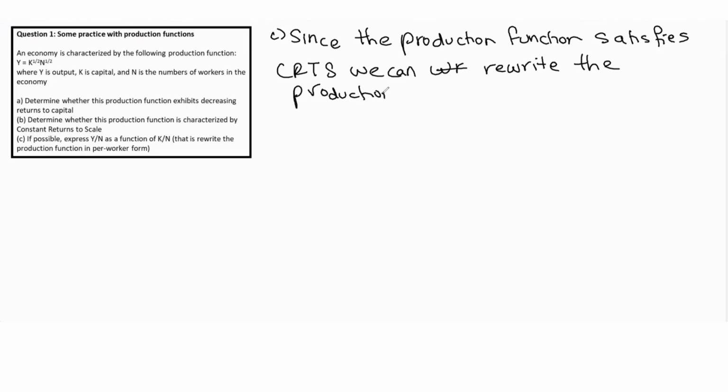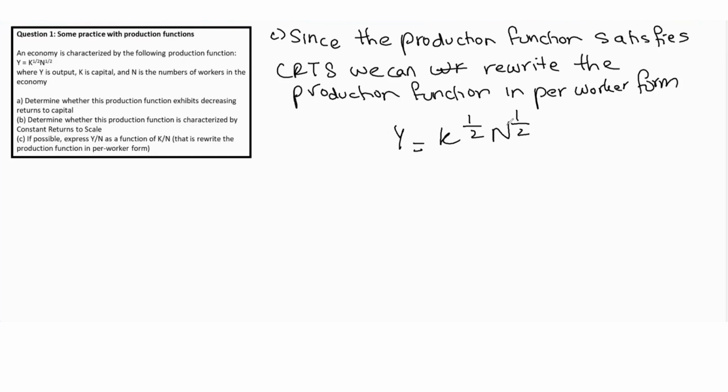Now the way to do it is very simple. Our production function is given to us as y is equal to k^(1/2) n^(1/2). To get it in per worker form, we divide both sides by n.